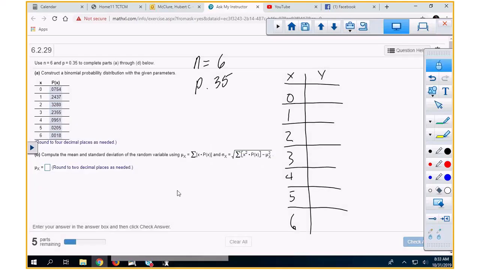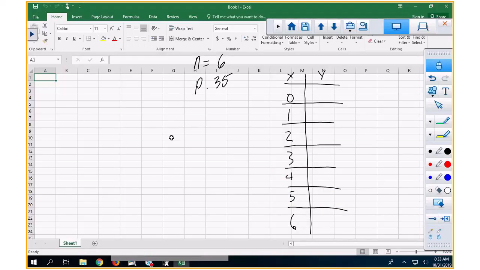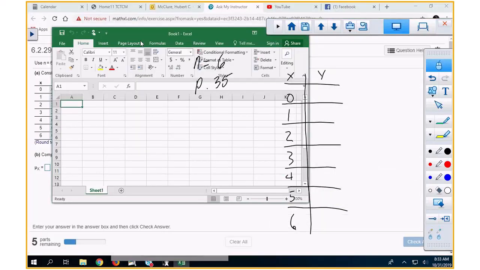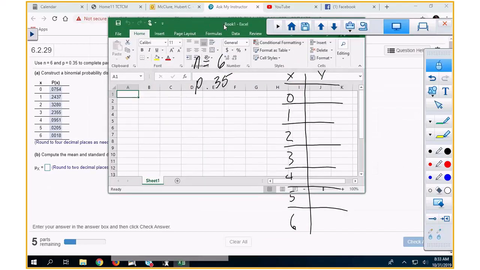Now let me ask you a question, and you can do this. We know how to do this. All you got to do is read the what? Read the formula. I mean, I'm not going to sit here and do this for you, but we'll go ahead and do it. Make it small. Read the formula. So I got to put X and Y in. So 0, 1, 2, 3, 4, 5, 6.